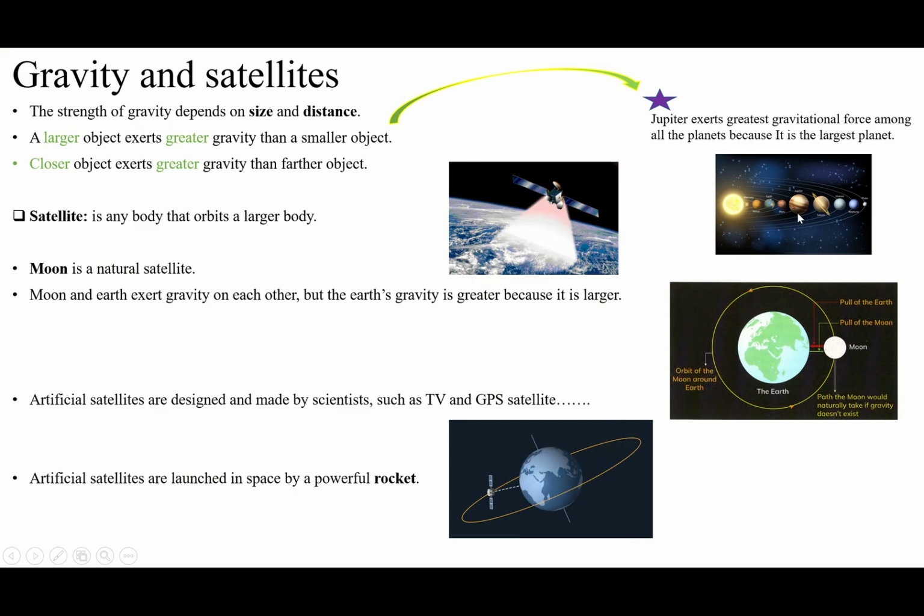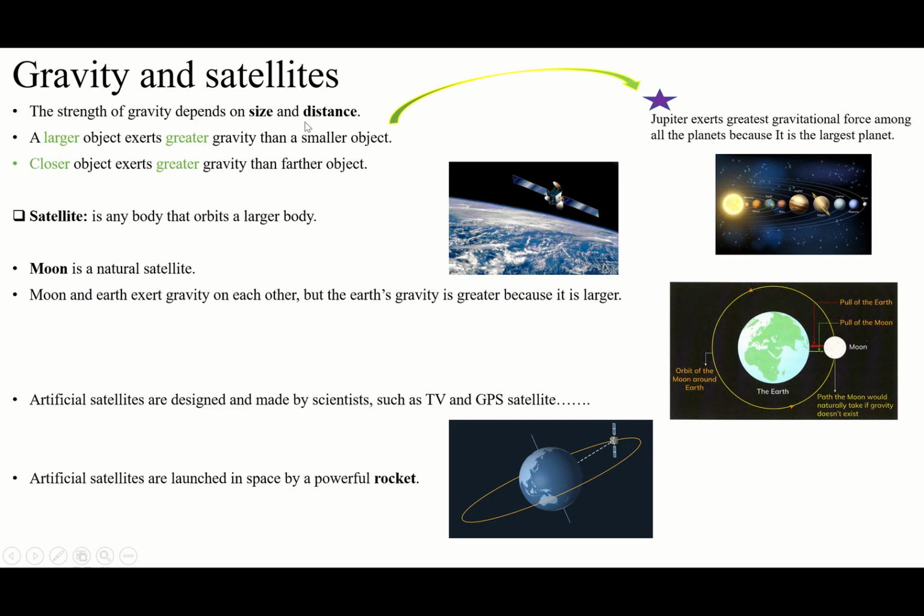Because it's larger than Moon, that's why the gravitational force is greater, but it's smaller than Jupiter, so the gravitational force of Earth compared to Jupiter is less. We said two things, right? One was size, that we talked about. The larger one has more, greater gravitational force.